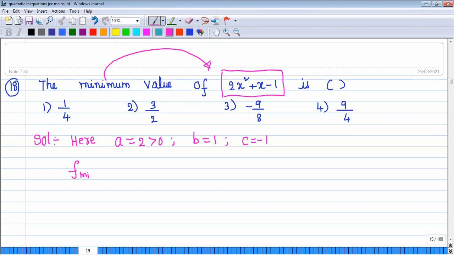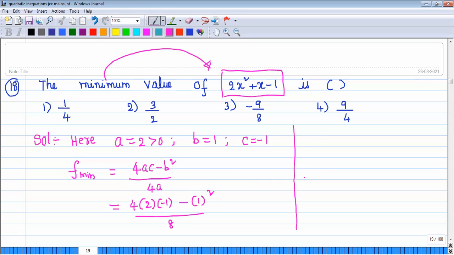It has a minimum value, 4ac minus b square upon 4a. Yes, 4 times 2 times c is negative 1, 1 square upon 4a. That means you have minus 8 and minus 1 upon 8. That is minus 9 upon 8. So the third option is the right option. You can check whether it is correct or not.